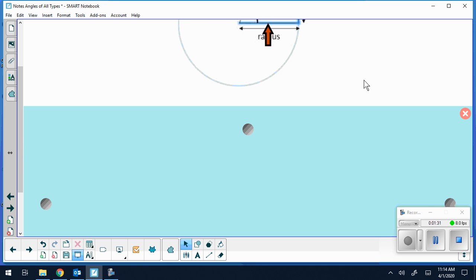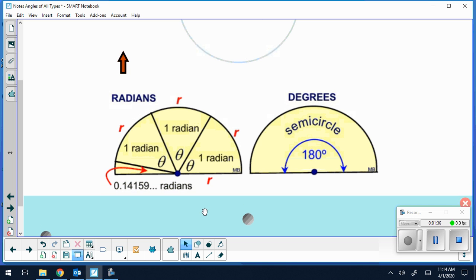Now, here's the really cool part. Here's the really nifty part. So here we have a semicircle. So a semicircle, 180 degrees. If you take that radian, so here's my radius and my arc length that is equal to my radius, that's 1 radian, radius and an arc length of 1 radius, that's 2 radians, 3 radians, and then to finish the semicircle, I've got this extra 0.14159.